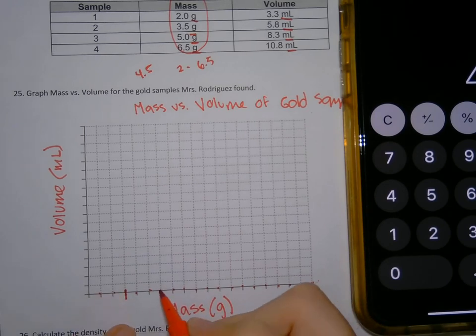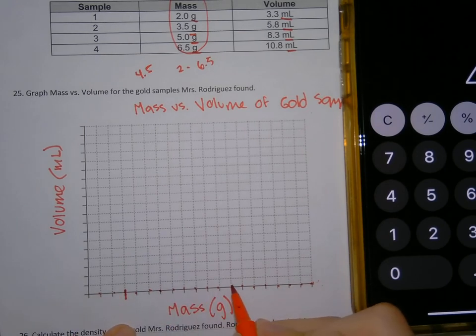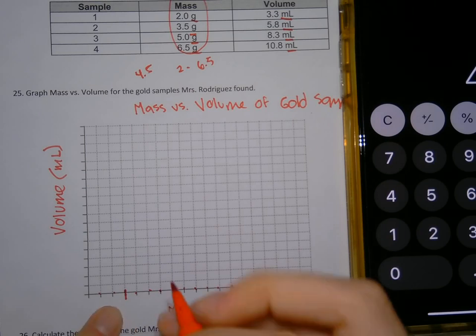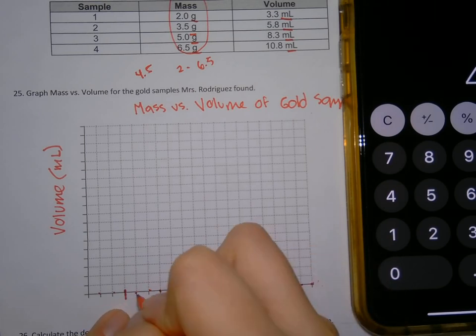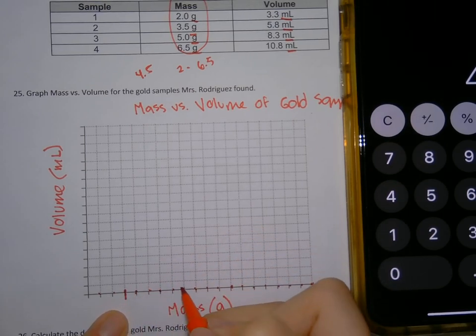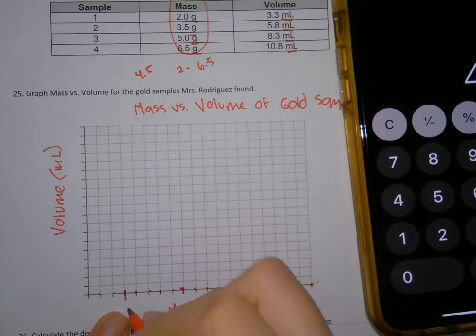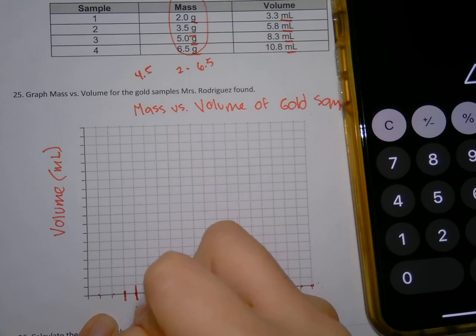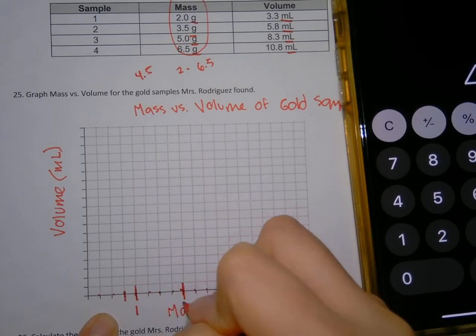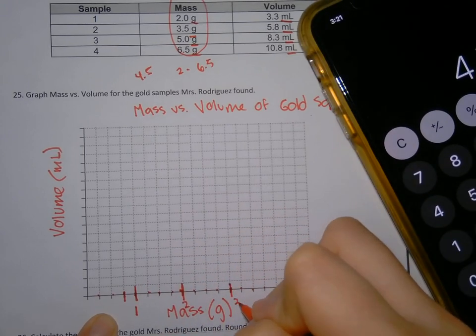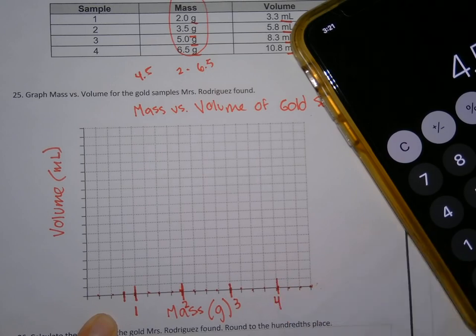That would be 1, 2, 3, 4. Nah, I would have too much space left over. Maybe 1 point every 4 lines. 1, 2, 3, 4. Yeah, it's good. So every 4 lines, I can have 1 point. That'd be my 2, that would be my 3, and that would be my 4. Cool. So I've scaled my X.